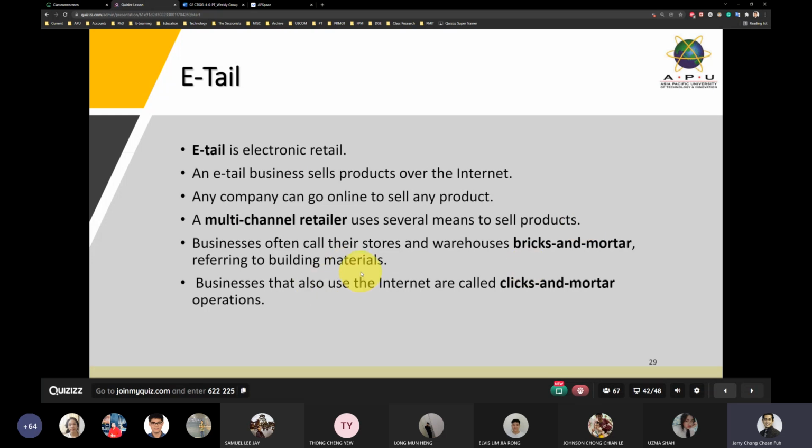So if you notice, a lot of these companies can come from different natures of business. Some are fully brick and mortar, which means they were fully offline, right? And now if you notice, they are going online as well.